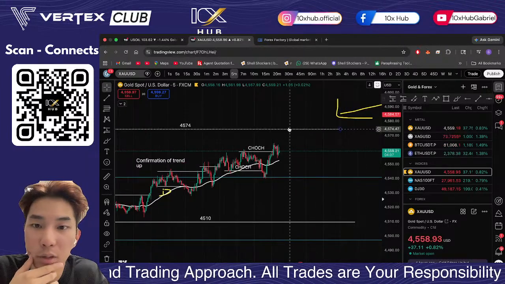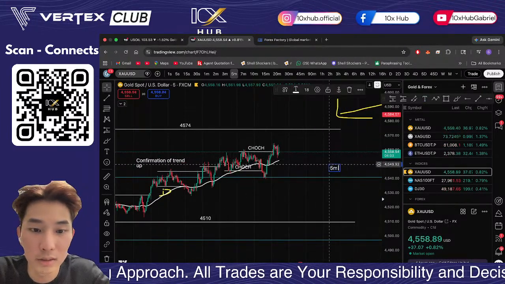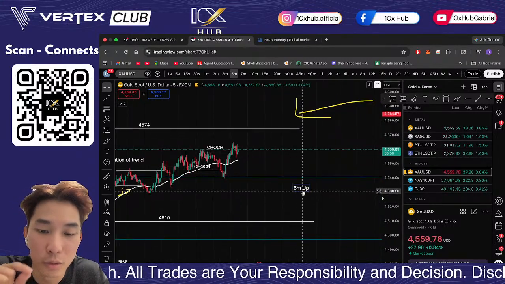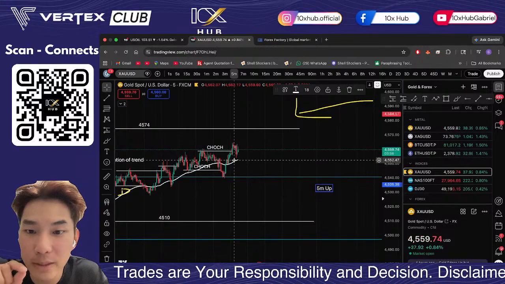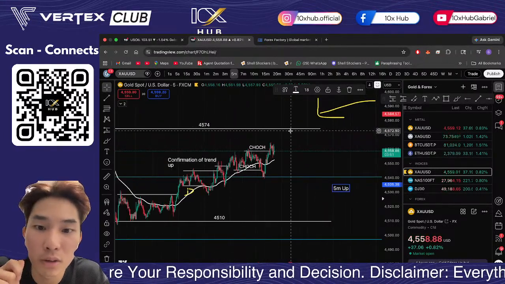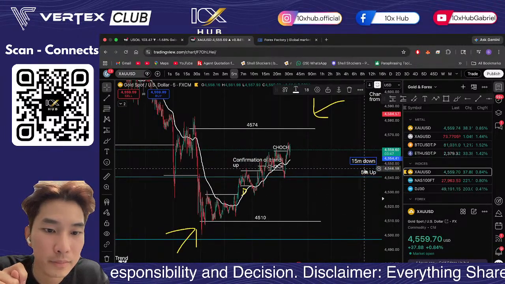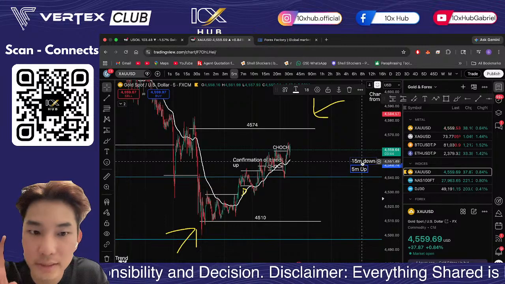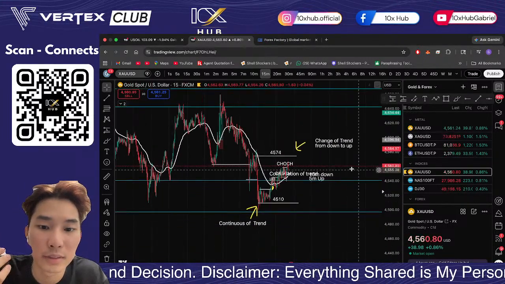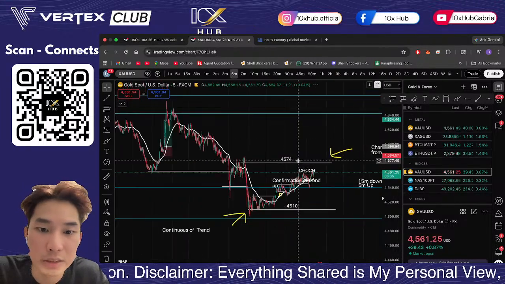This is what I foresee right now, because in 5 minutes we are in an uptrend right now. So there is a chance that this 5 minutes will push the market above 4574, and we will turn the 15-minute downtrend into an uptrend. All right, so this is what happened in 5 minutes.